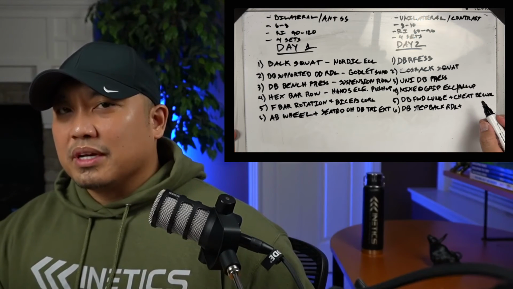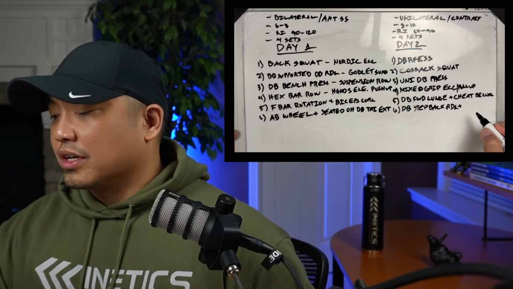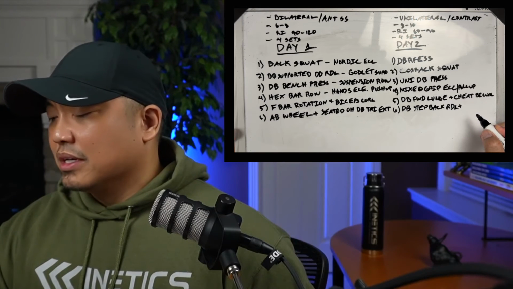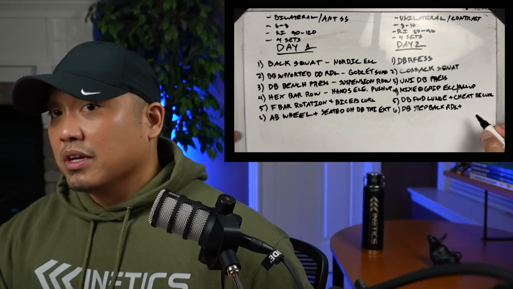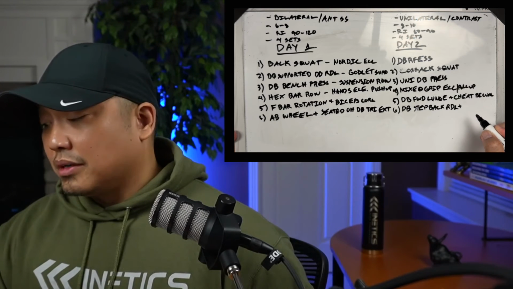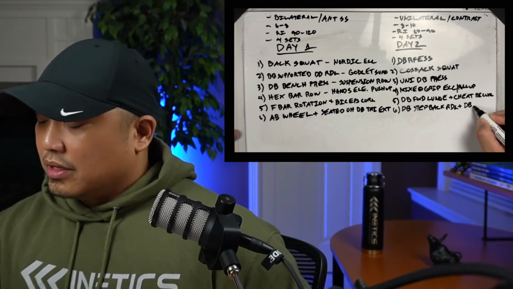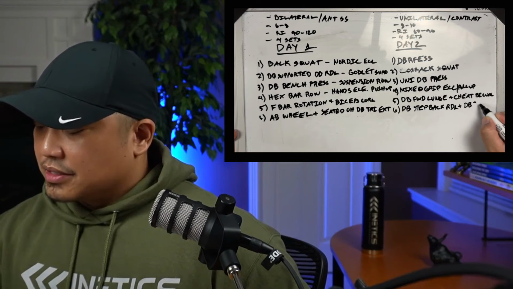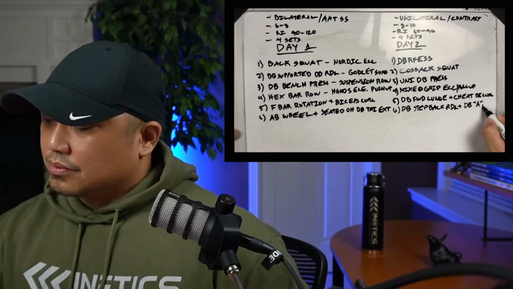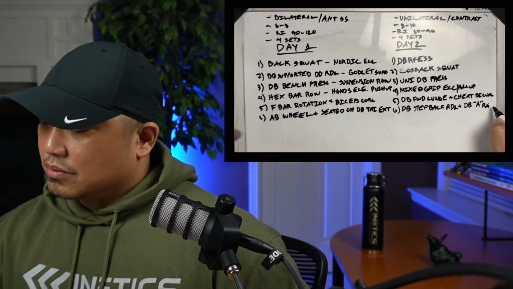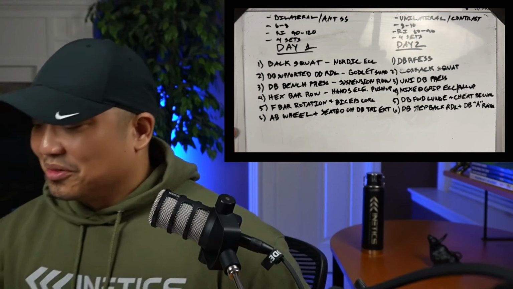So we're going to be pretty heavily loaded for that RDL. So I was thinking maybe a kickback, but it's going to be too heavy. We can do some dumbbell A raises. Oh, running out of room.